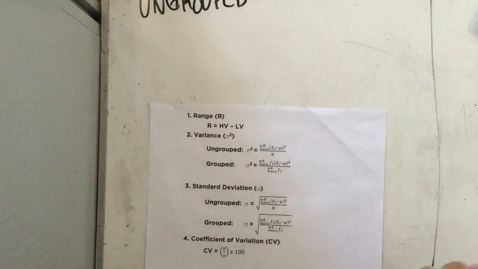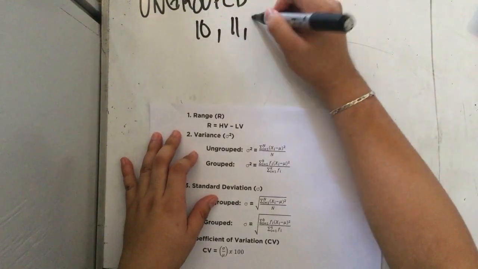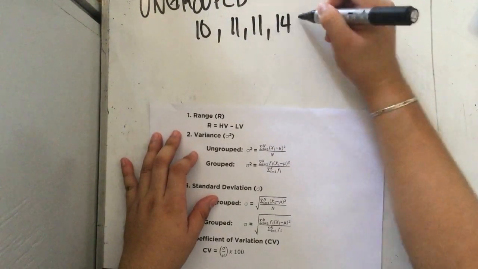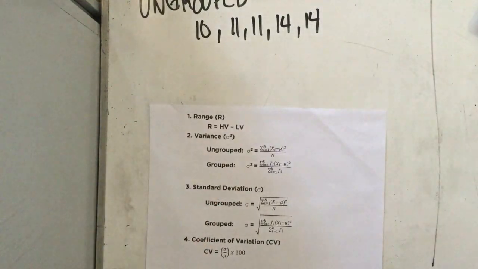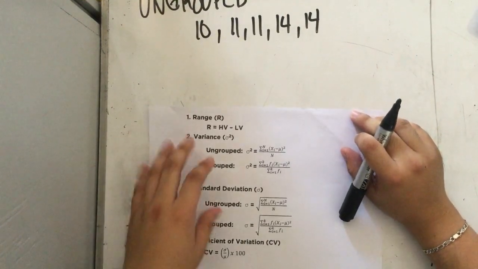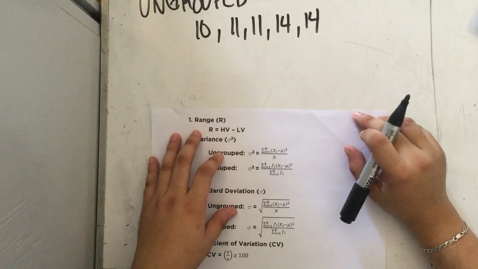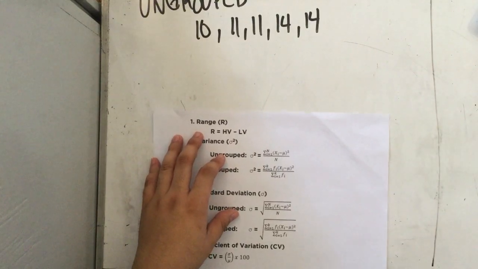So, for example, for ungrouped data, we have this data: 10, 11, 11, 14, 14. Okay? So, before we proceed in getting the range, the variance, the standard deviation, and coefficient, it is important for us to compute first the mean. Okay, kunin muna natin si mean.